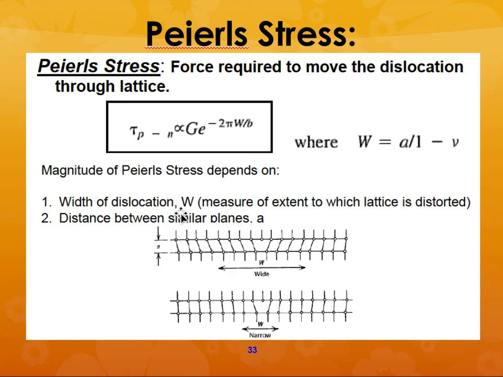So if you know the extent to which the lattice is distorted and the distance between the planes, you can calculate the force required to move the dislocation through that lattice.